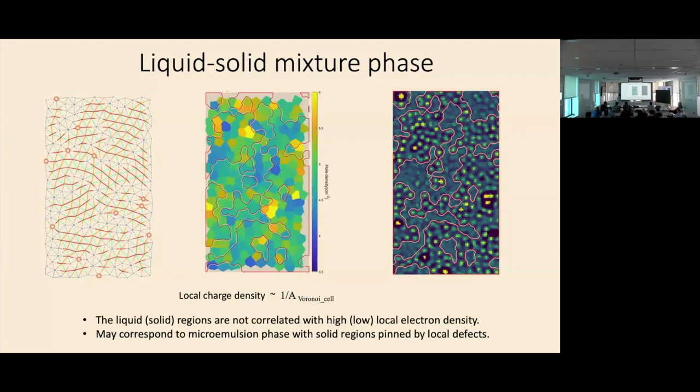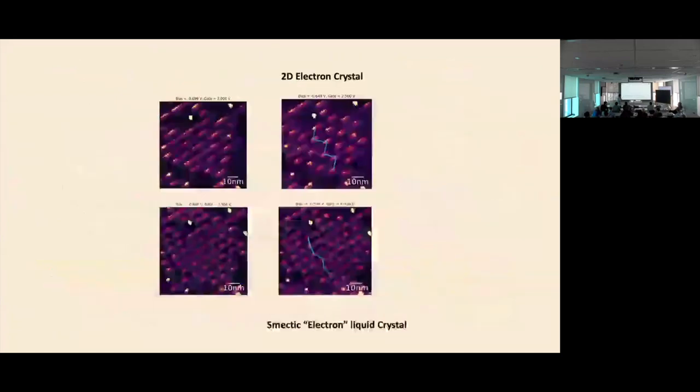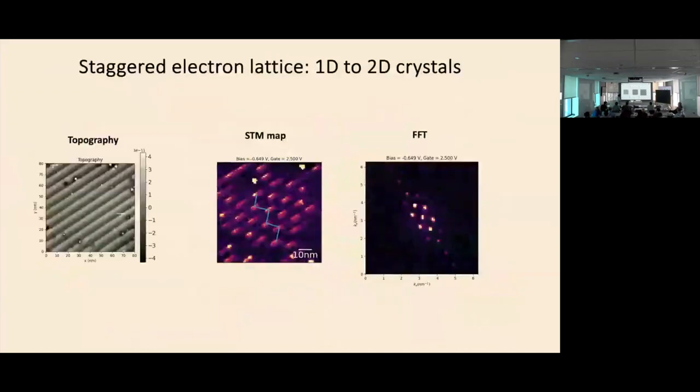The scanning range is not very large, but in the range that we have, the diffraction pattern is very sharp. There are standard constructions that allow you to identify defects, density of defects, and correlation lengths.